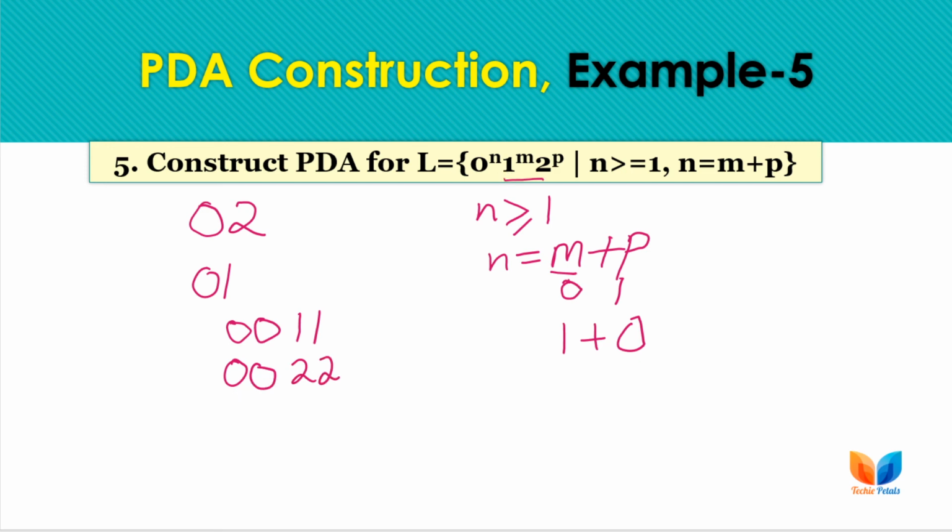Here the terminals, the input symbols, are 0, 1 and 2. The other possibility for two 0s is one 1 and one 2, because the number of 0s must equal the sum of the number of 1s and the number of 2s for this type of question.